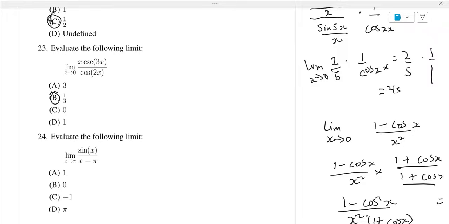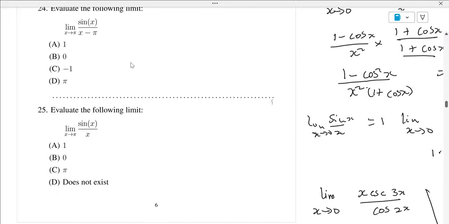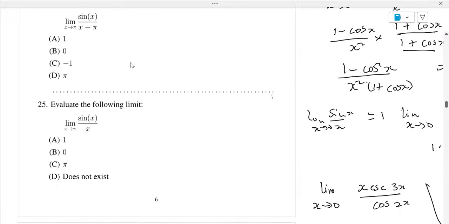Now question 24. We are given the limit of sine x over x minus pi as x approaches pi. What is our answer? So would you like to try this one? If you want to try it, you can try it out.